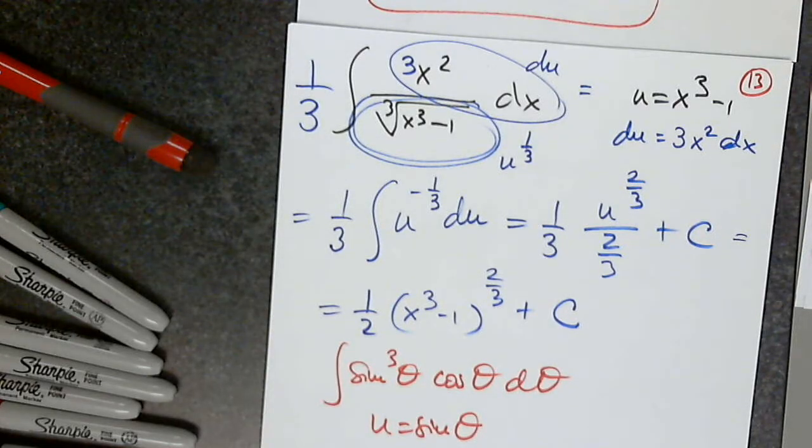So sine cubed, cosine theta, d theta. Sorry, I forgot you don't have the pipe. So that's this one. So sine cubed, cosine theta, d theta.